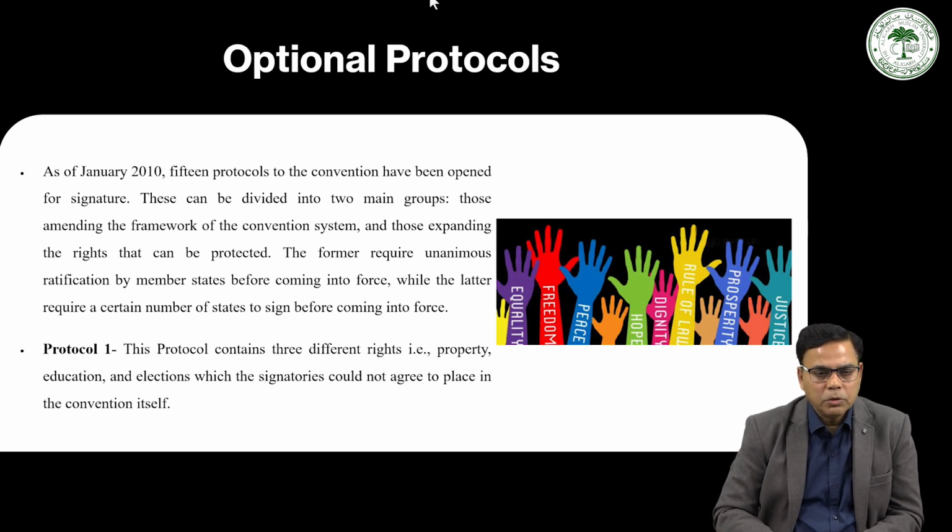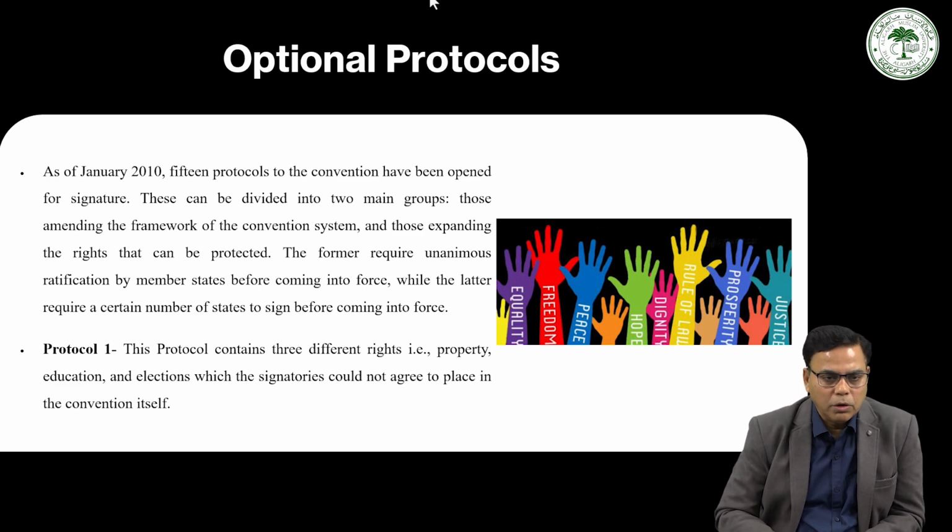And these optional protocols have basically amended or added certain articles or restructured the implementation mechanism over there. So protocol number one contains 3 different rights, that is property, education and elections, which the signatories could not agree to place in the convention itself.